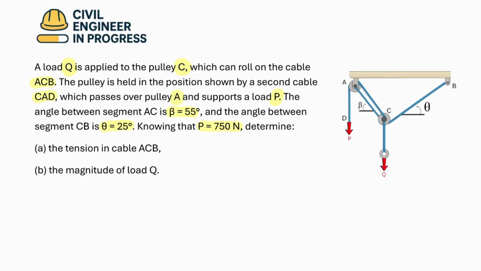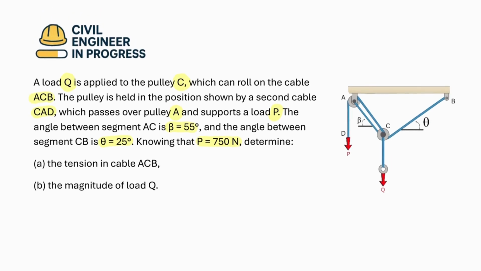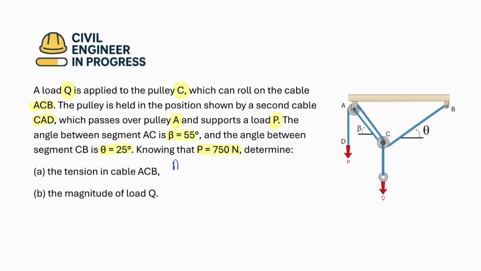the way we are gonna solve the tension in cable ACB is by doing a free body diagram. But before that, we will be assuming the pulleys are frictionless. And we already know some information about pulleys.